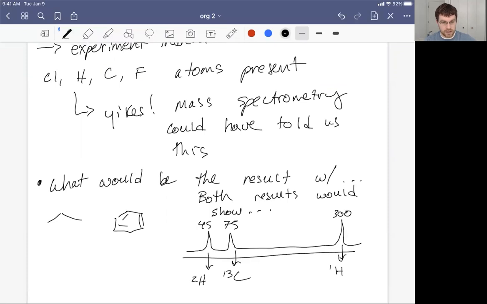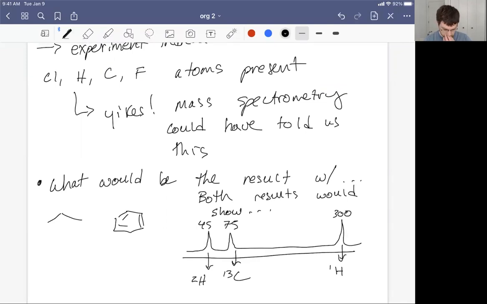And let me tell you, this is supposed to be a very powerful technique. And so what we need to do is be able to differentiate between some of our standard organic molecules.